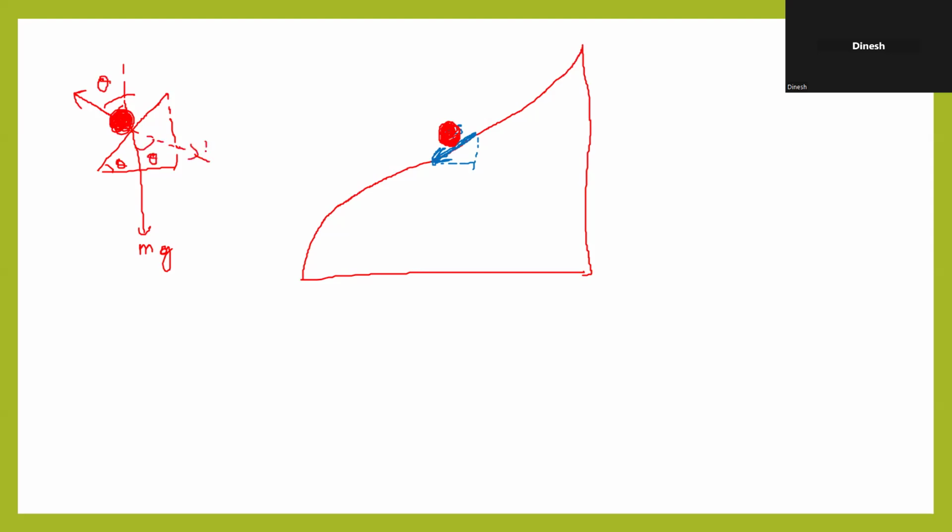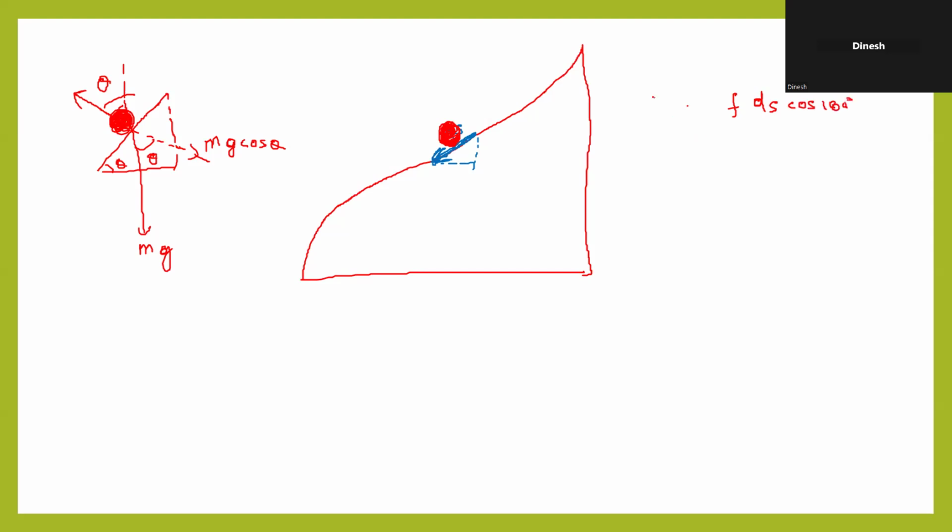So it is mg cos theta. Why am I taking the small displacement? Because here friction is variable. Whenever force is variable, always take a small element. So for a small displacement, how much work is done by friction? That is F ds cos 180.